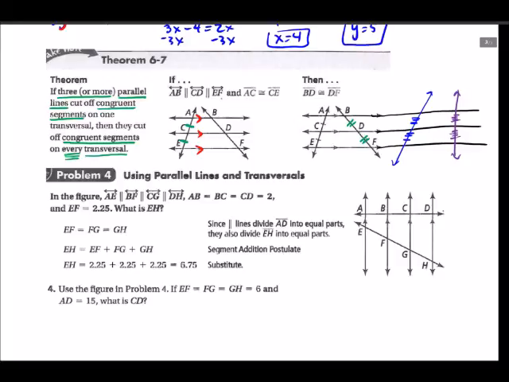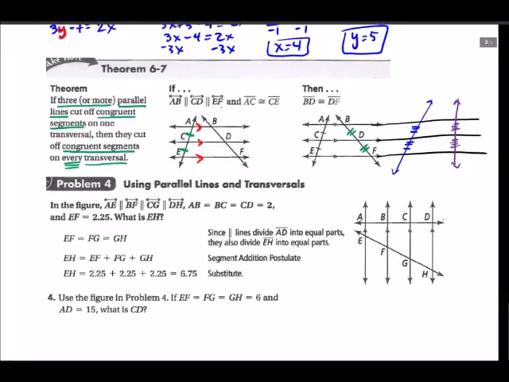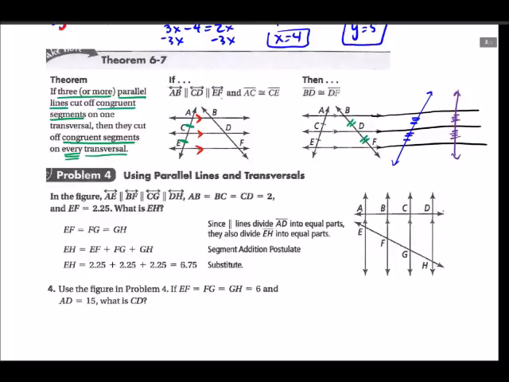So let's do our last problem here. It says our lines are parallel. Okay, that's parallel to that, it's parallel to that, it's parallel to that. I have 3 or more parallel lines cut by 2 transversals, and I am told that the lengths of AB, BC, and CD are all 2, 2, and 2.